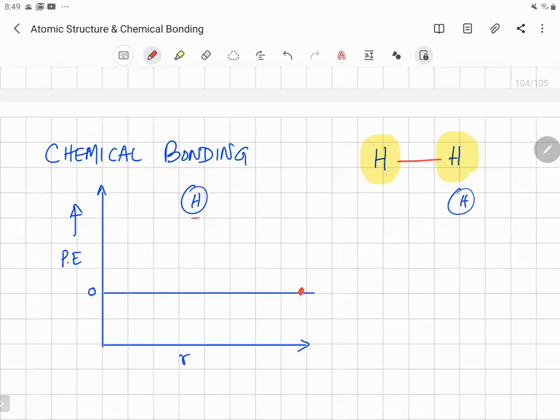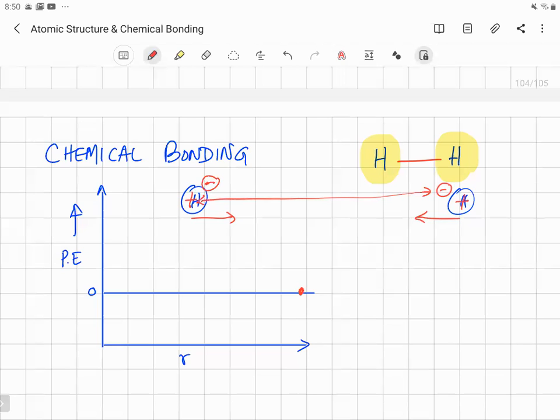Now assume that these two atoms come closer. What will happen as they come closer? They will start interacting with each other. This hydrogen atom has 1 electron, and this hydrogen also has 1 electron. Sorry, this hydrogen atom has a positive charge, and this hydrogen atom also has a positive charge. So this positive and this negative charge start attracting.